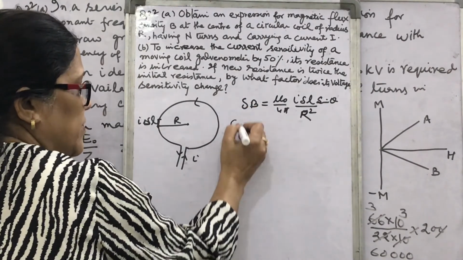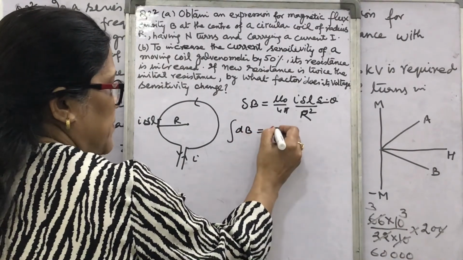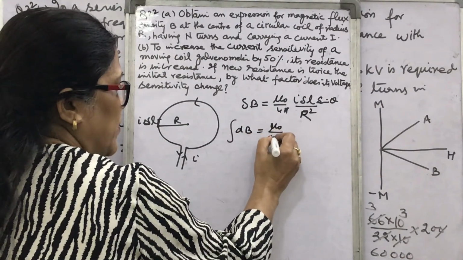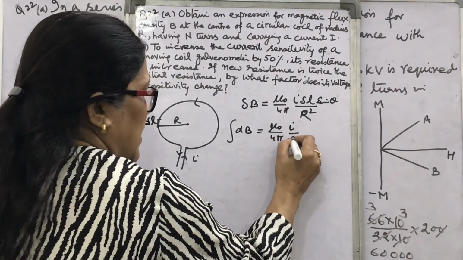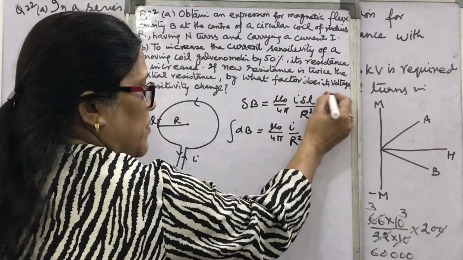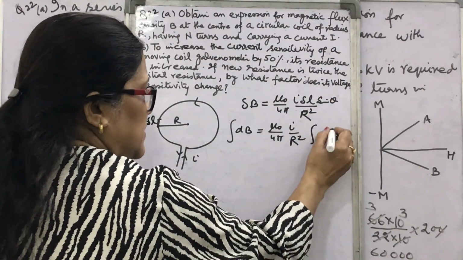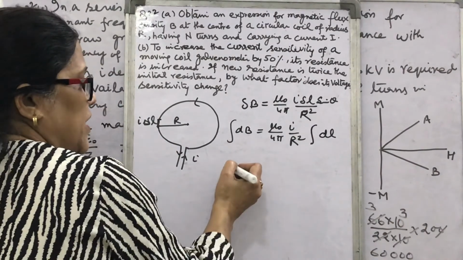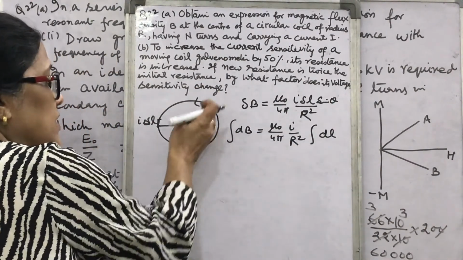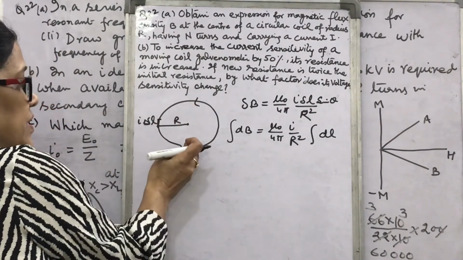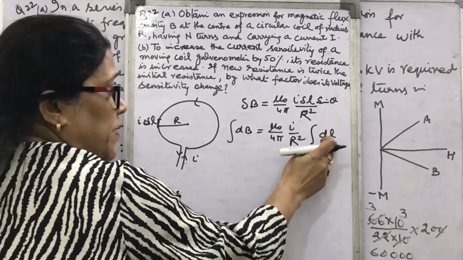So dB can be written as mu naught upon 4 pi, I upon R square, sin 90 becomes 1, and integral of dl. What is this total dl? Total length of the periphery of the R radius circular loop, which will be 2 pi R.